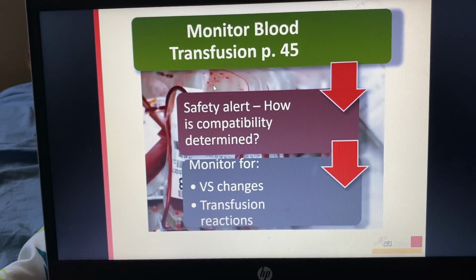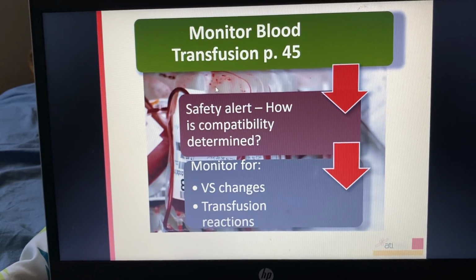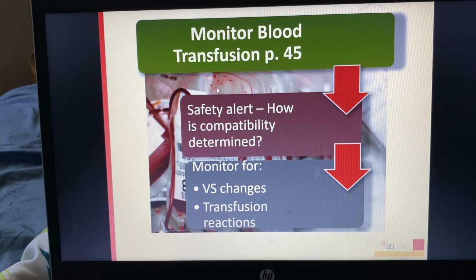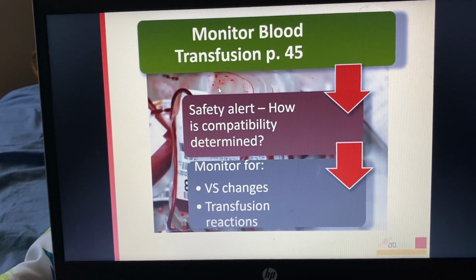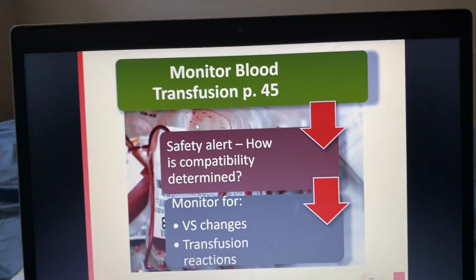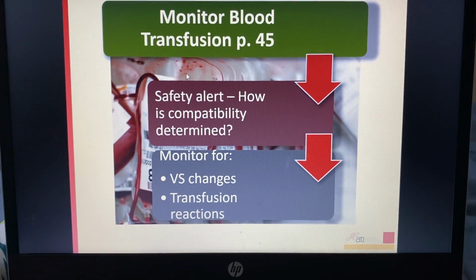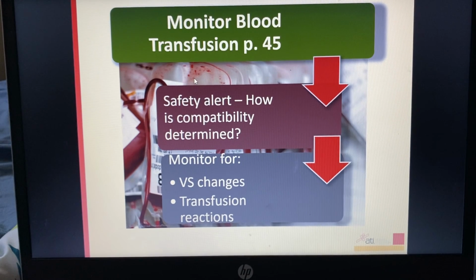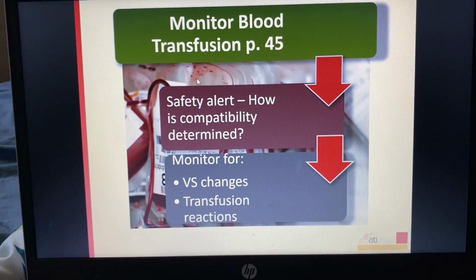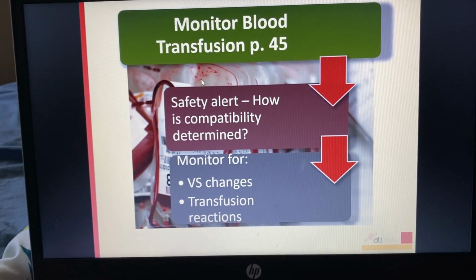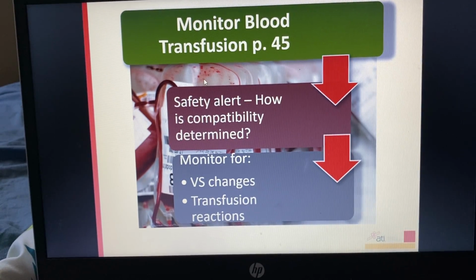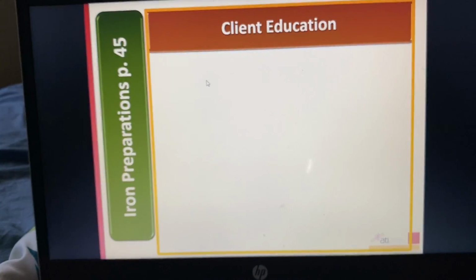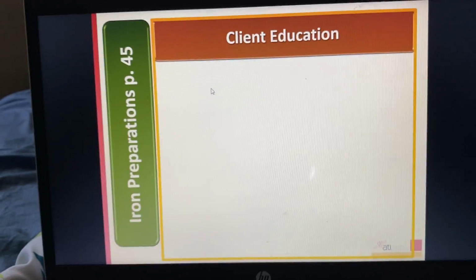And the body is going to have to deal with all that broken down blood, and it's not going to be good. When we have a transfusion reaction or suspected transfusion reaction, as you said on that last slide, we're going to stop the transfusion. We're also always going to send the whole bag of blood, the tubing and everything back down to the lab for analysis. They want it all so that they can try to determine why that patient had a reaction.